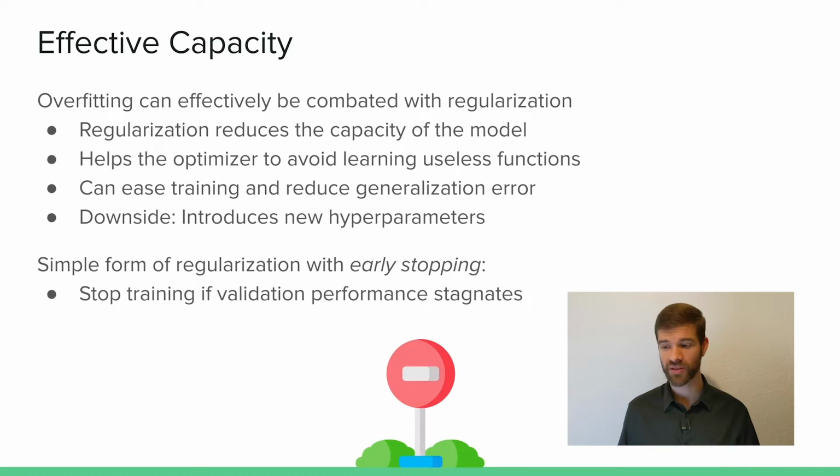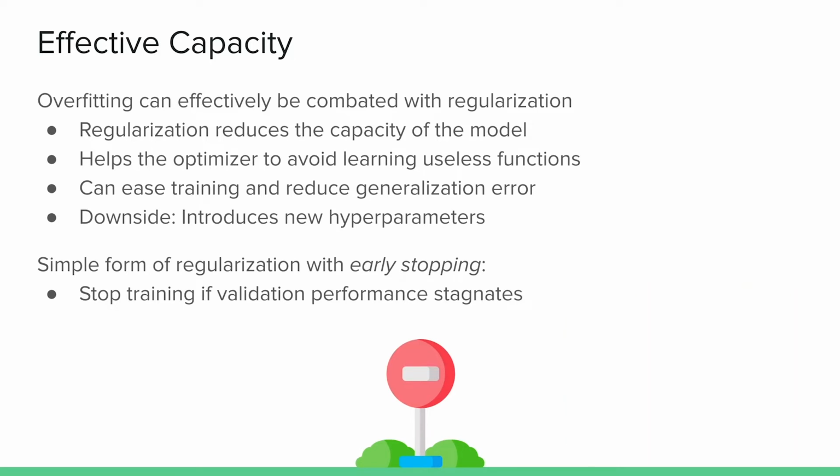What is early stopping? What we're doing is, while we are training, we're monitoring our performance. And if that performance stagnates and is not getting better anymore over time, I'm going to stop here, because on that set that I'm observing my performance on, called the validation set, we're not seeing any further improvements.